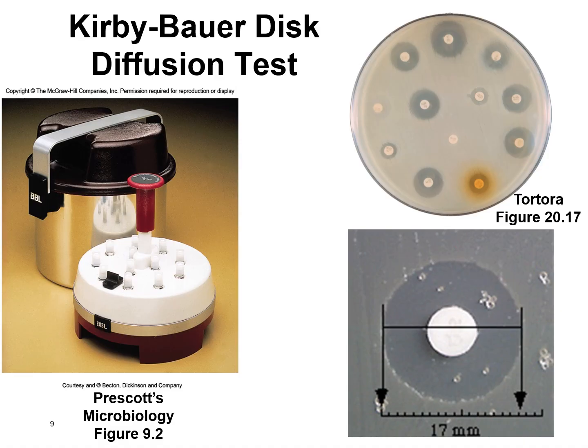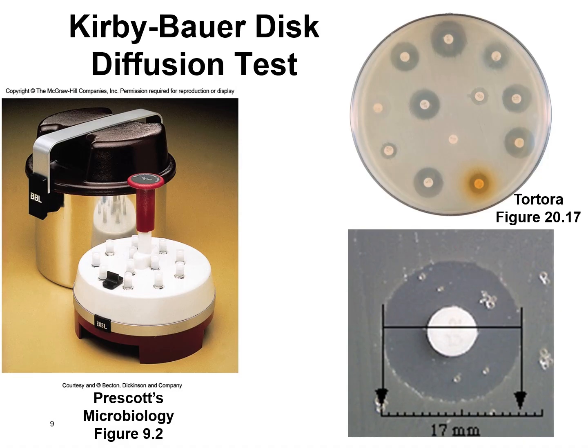We'll incubate this for 24 hours and then come back and measure the zone of inhibition, the clear area around each disc. The larger that zone of inhibition is, the lower the MIC is, and the better that antibiotic is going to work.